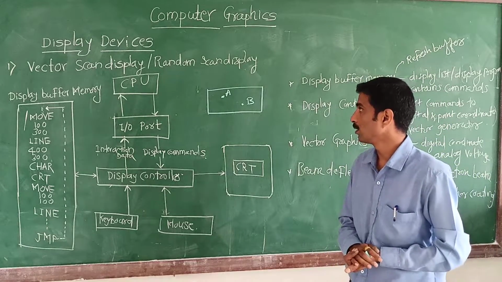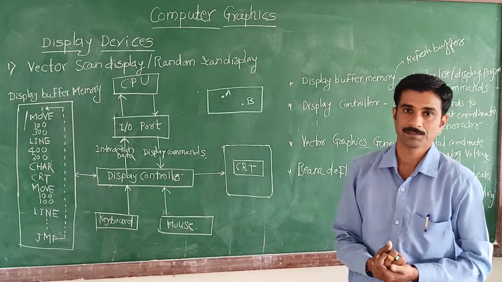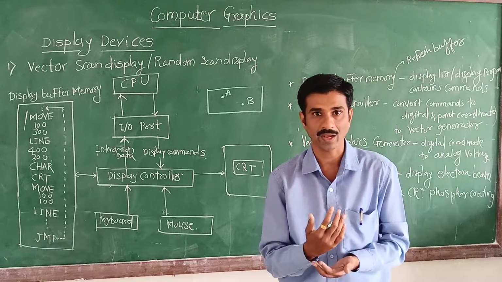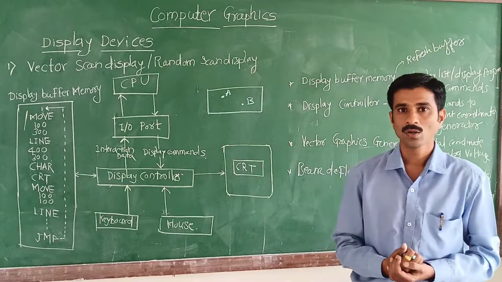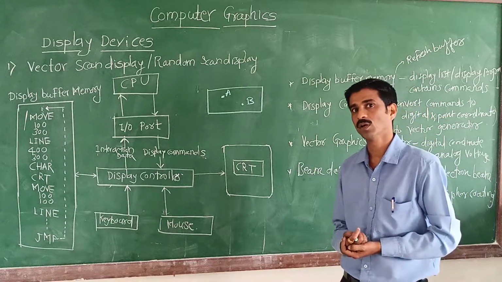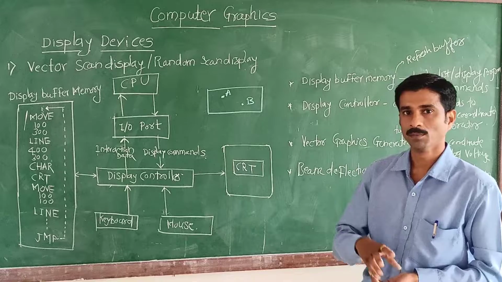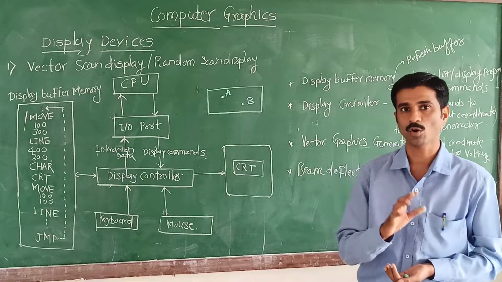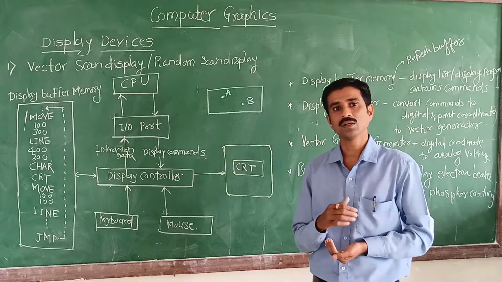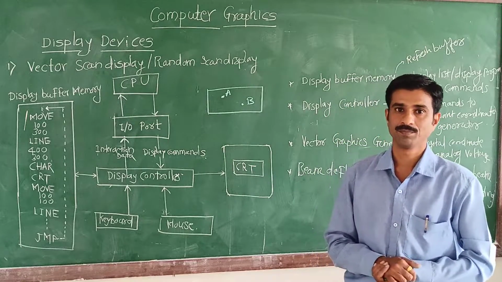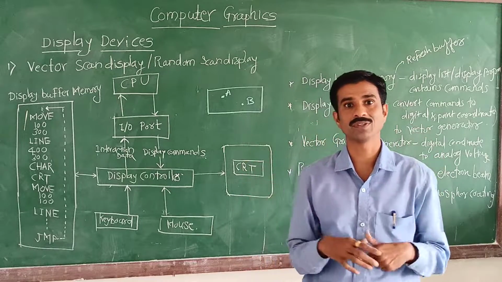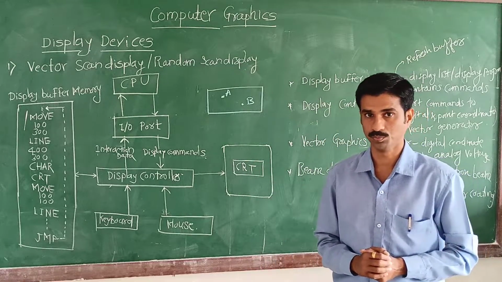For displaying this line, point or character, you must have an electron beam. Many of you have already studied the CRT, that is the cathode ray tube.